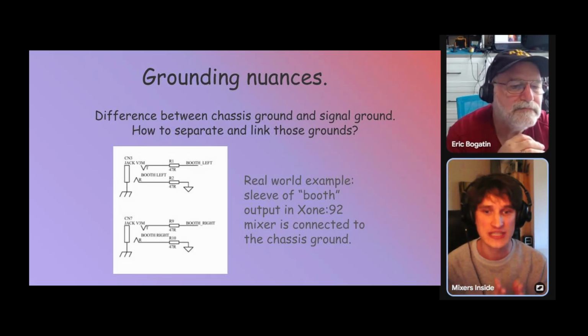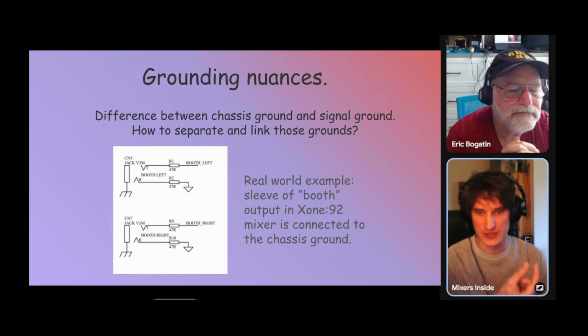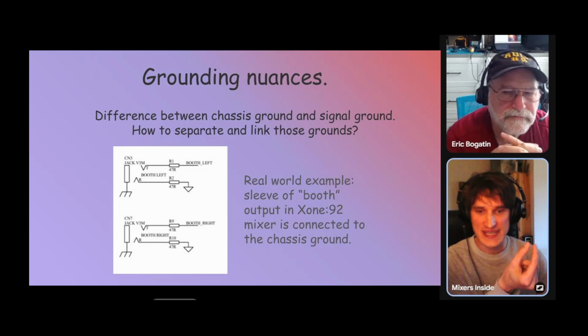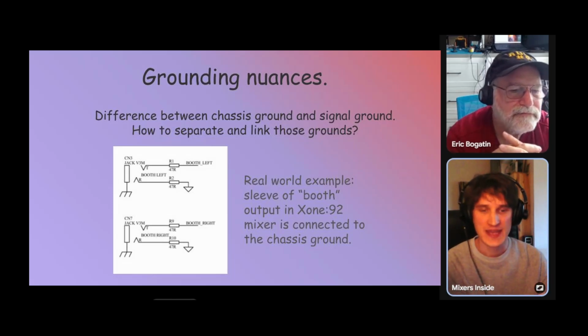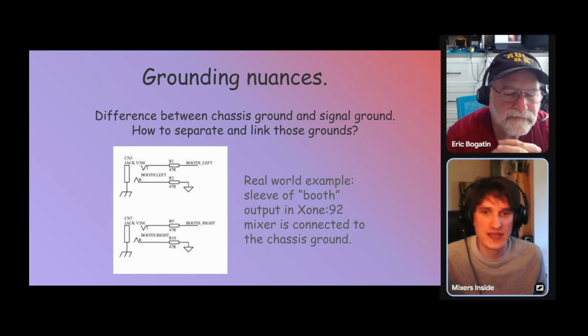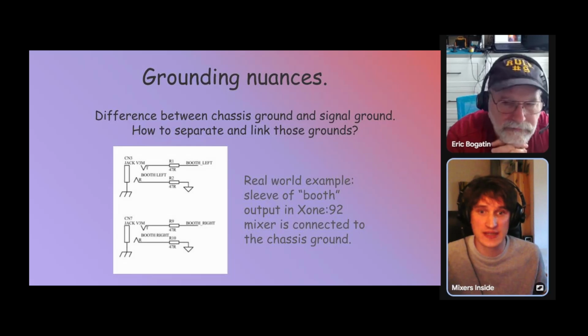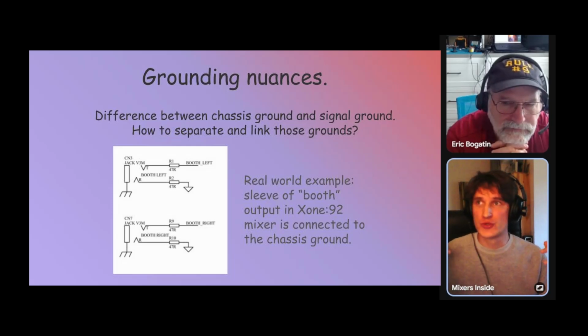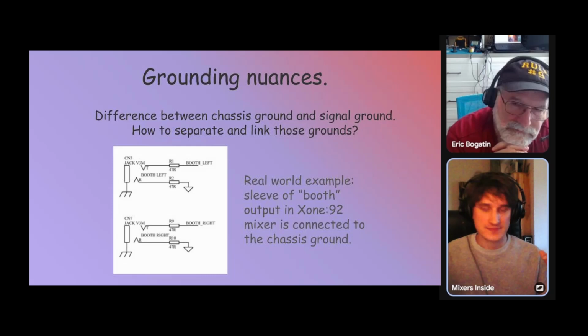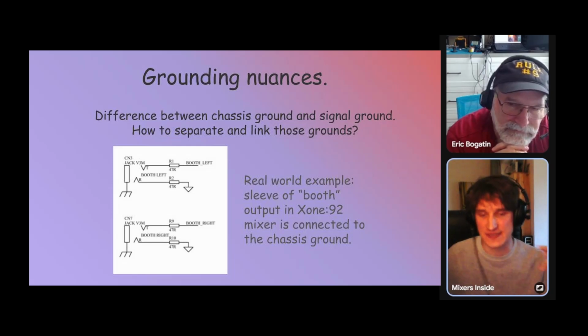And the very interesting thing is that this output connector uses the sleeve, the thing that should be connected to ground, and it connects the sleeve to the chassis. And I can't really understand the reason behind it, because as we said, we should reference our signals to grounds that are insensitive to interference.